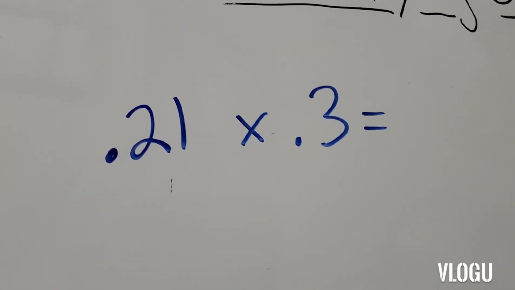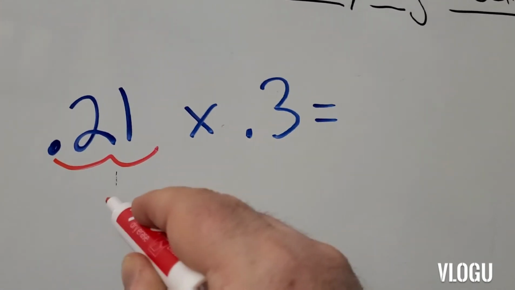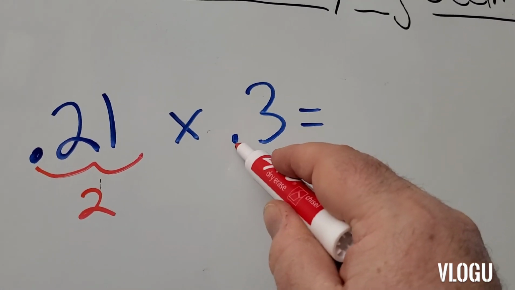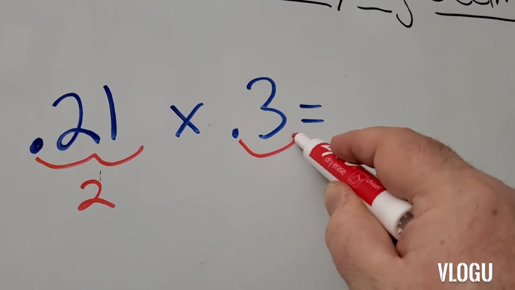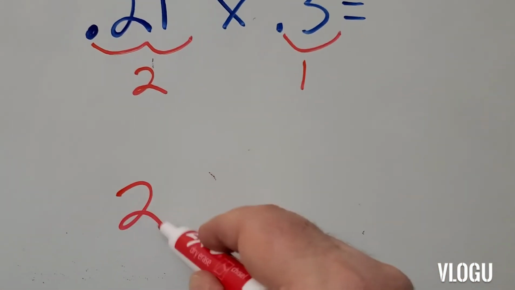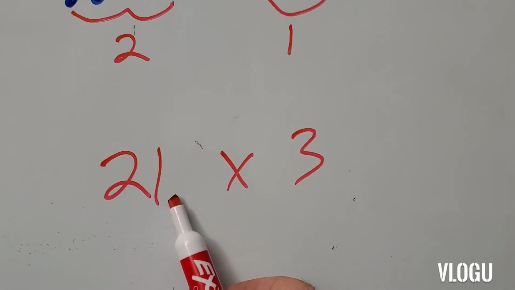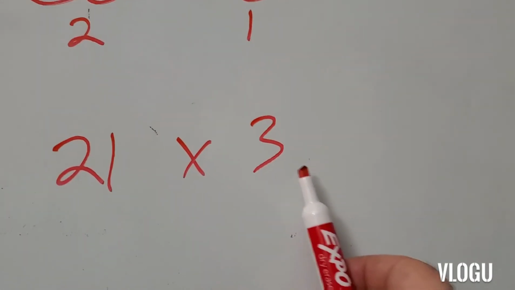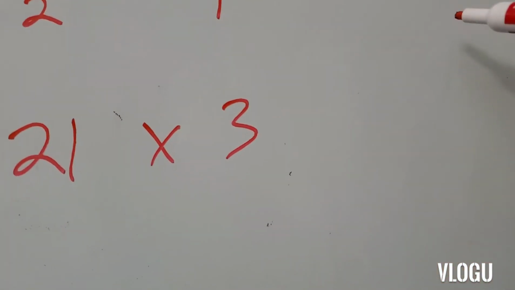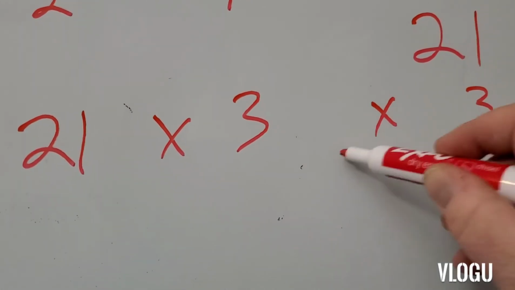Well, if I want to get rid of the decimal, I have to bloop, bloop, move it 2 spots, and my 0.3 here, bloop, move it 1 spot, so I end up with 21 times 3. The decimal is now here, which doesn't need to be shown, and the decimal is now here, which doesn't need to be shown.